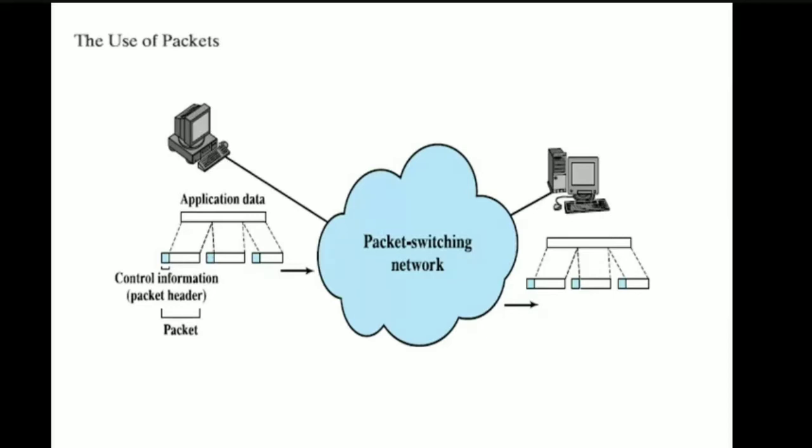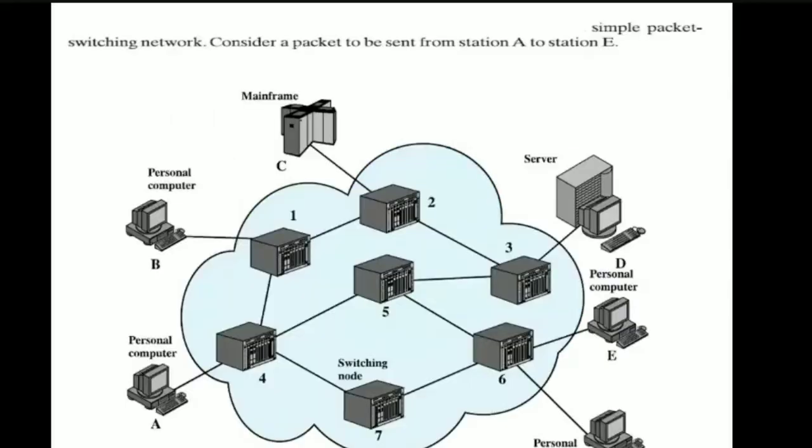Okay. So if you see the same diagram, if we assume that this network is now a packet switching network, previously we used this network as an example of a circuit switching network, right? But now we think that this is a packet switching network.